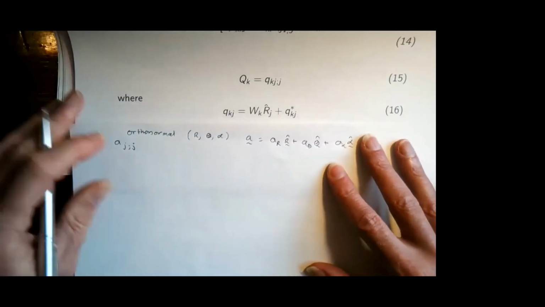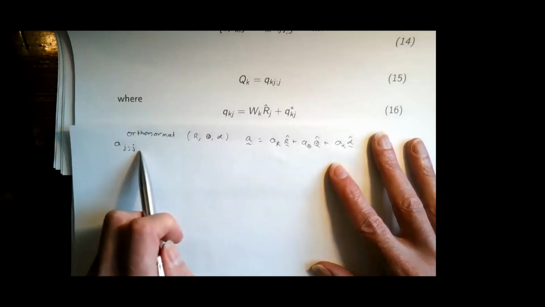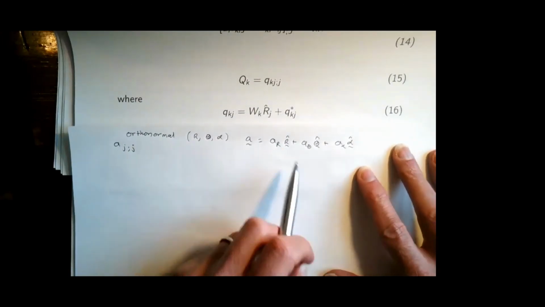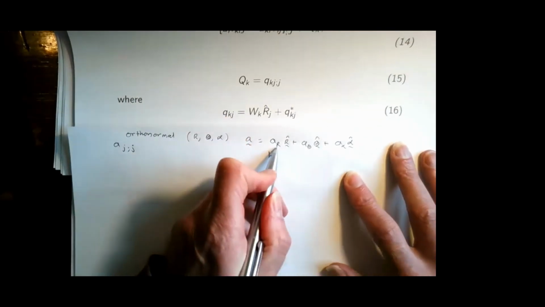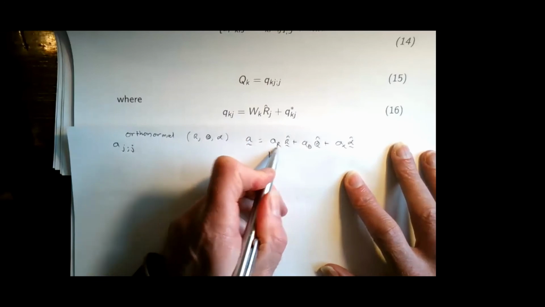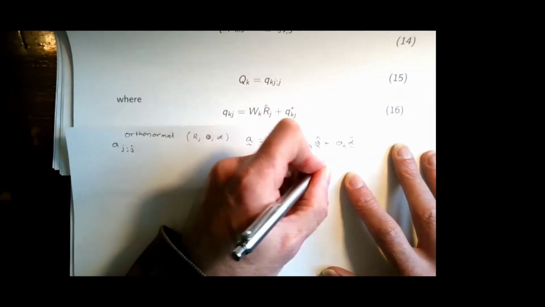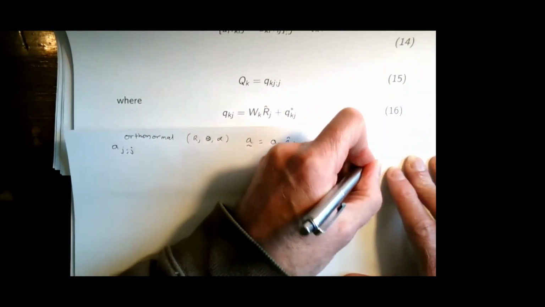And then in order to work out what the divergence of that is, we need the lengths associated with them. So we need HR, because a radius is already a length, so HR is going to be 1. H theta is the length R, and H alpha is the length R sine theta.